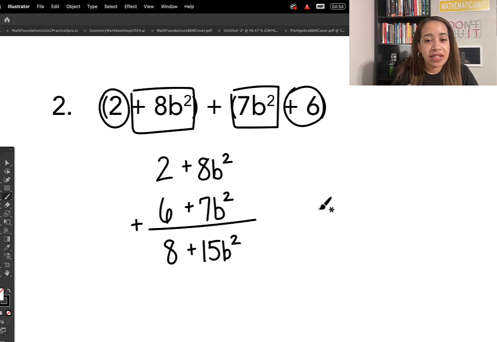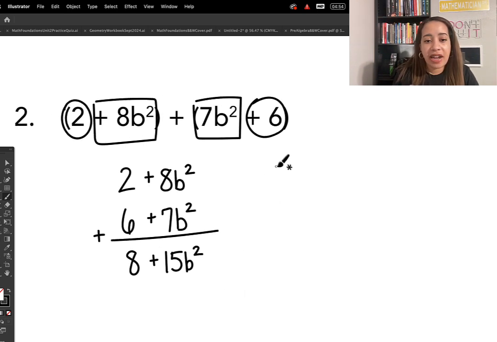One thing you'll notice, especially as you're working independently, is that sometimes you'll get the terms of your answer in a different order, and that is just fine. Another way that I could have shown my work on this problem is I could have written 8b squared first, 8b squared plus 2, matching with 7b squared plus 6.